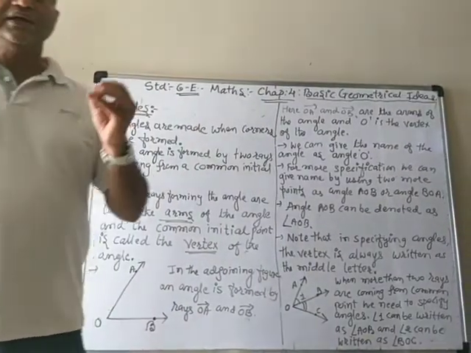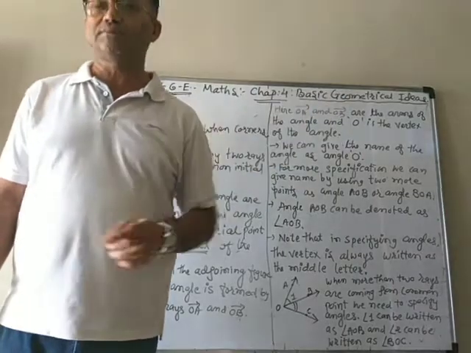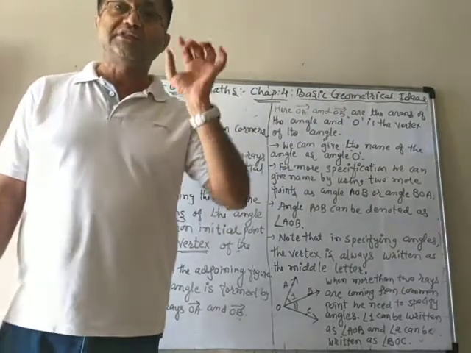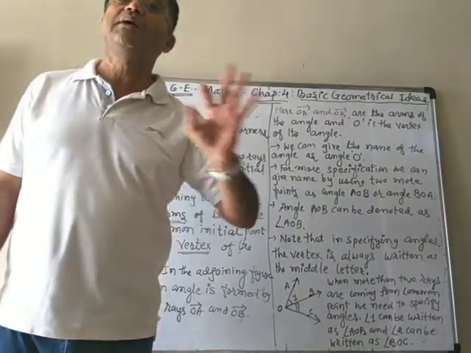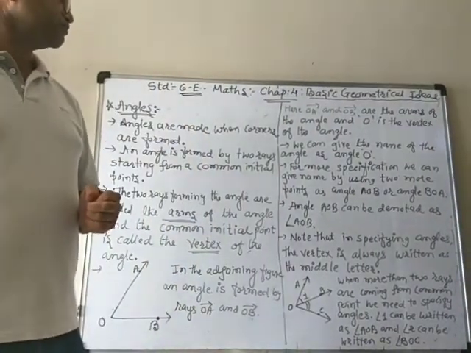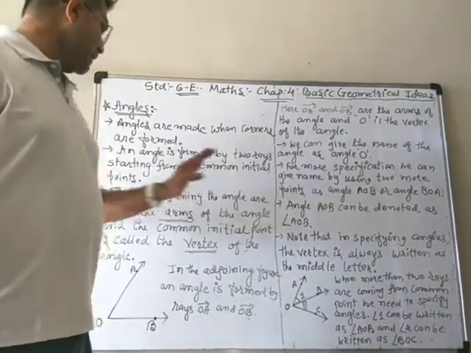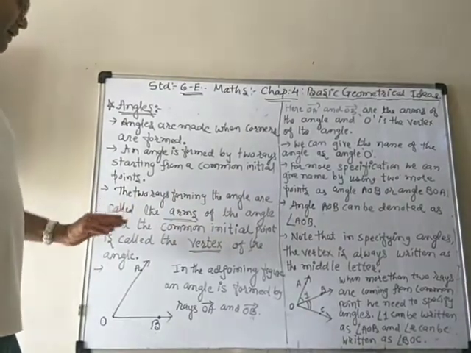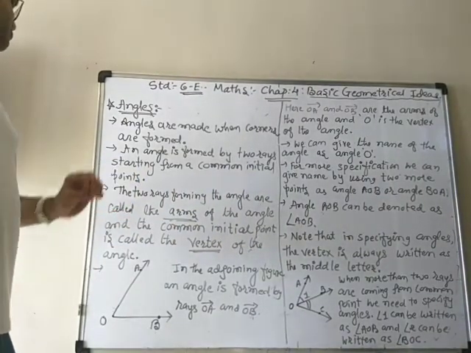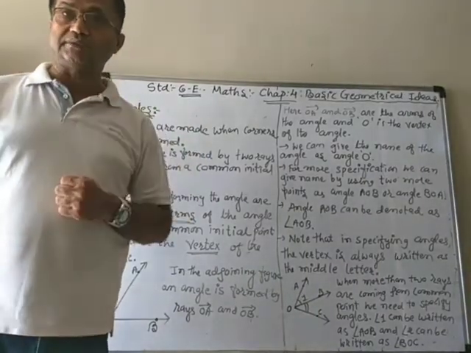It means that the initial point of both rays must be the same point. The rays must come out from the same initial point. The two rays forming the angle are called the arms of the angle, and the common initial point is called the vertex of the angle.